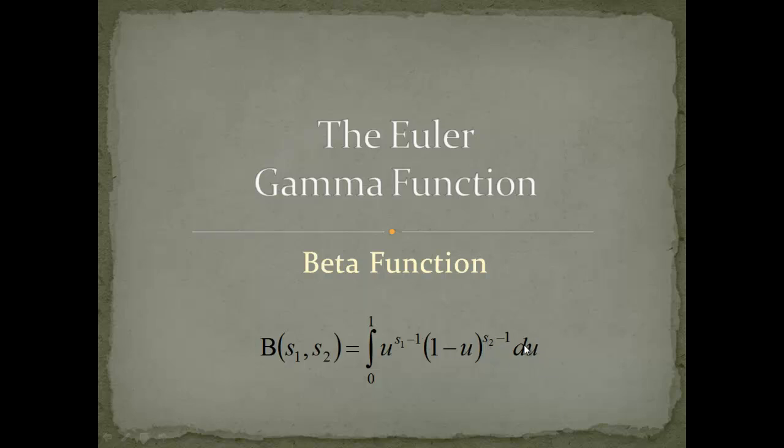Our dummy integration variable is u, and our integration boundaries are 0 and 1. Now something reminds us of the gamma function, maybe here u to the S1 minus 1. So this is very similar to the gamma function beginning, and this is something strange. We had an exponential function. Here we have something like this, okay?